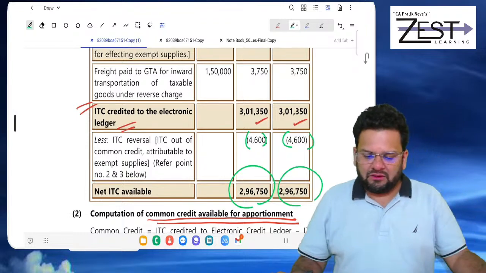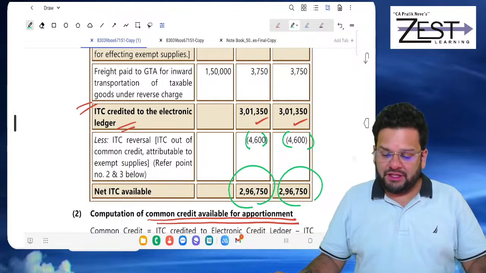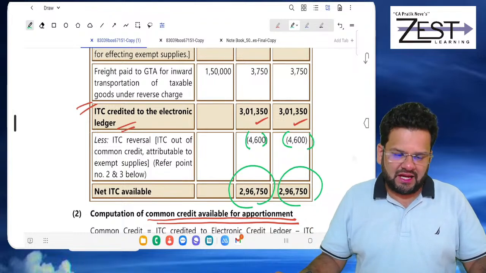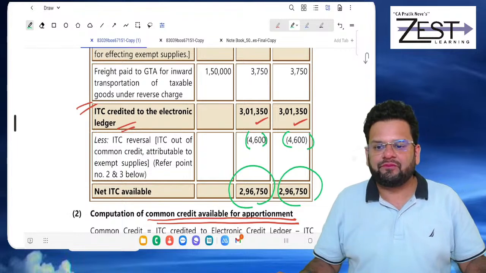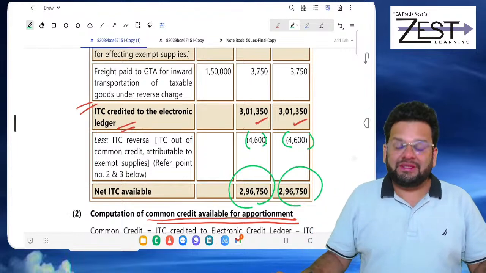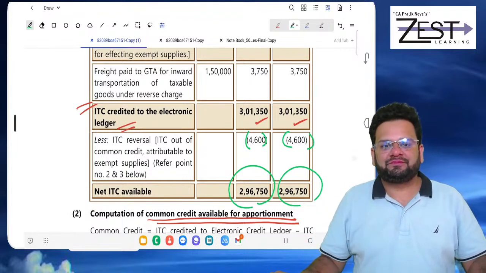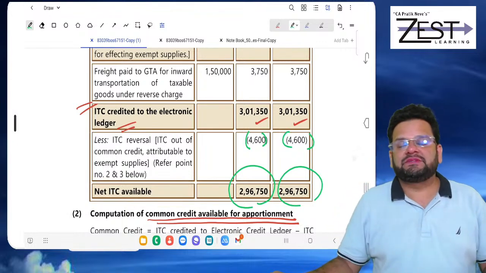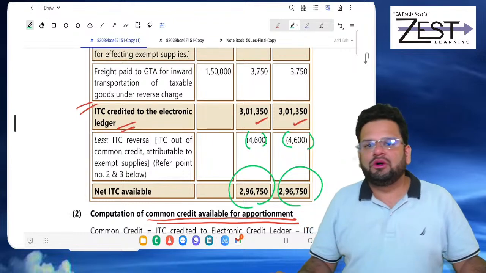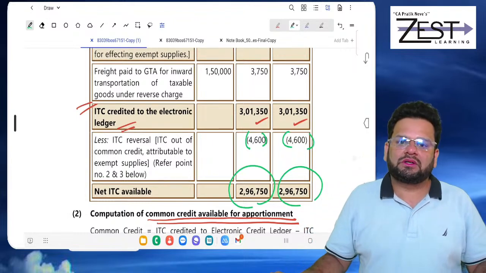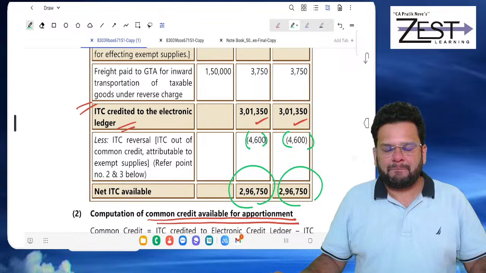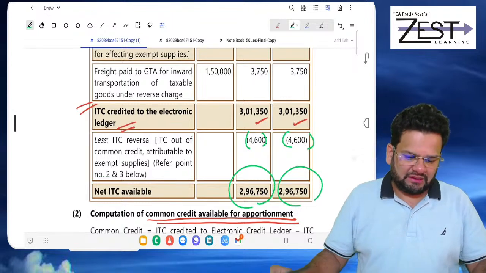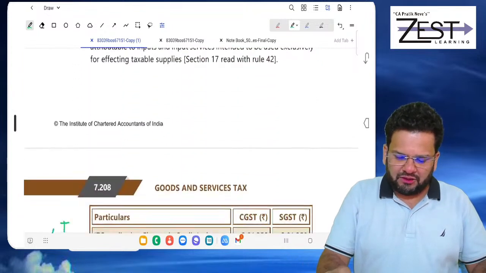If you are getting 296,750 each of CGST and SGST, then that is your net ITC available. This net ITC available can be subtracted from your output tax. Are you getting it? Are you all with me, Mahalakshmi ji?